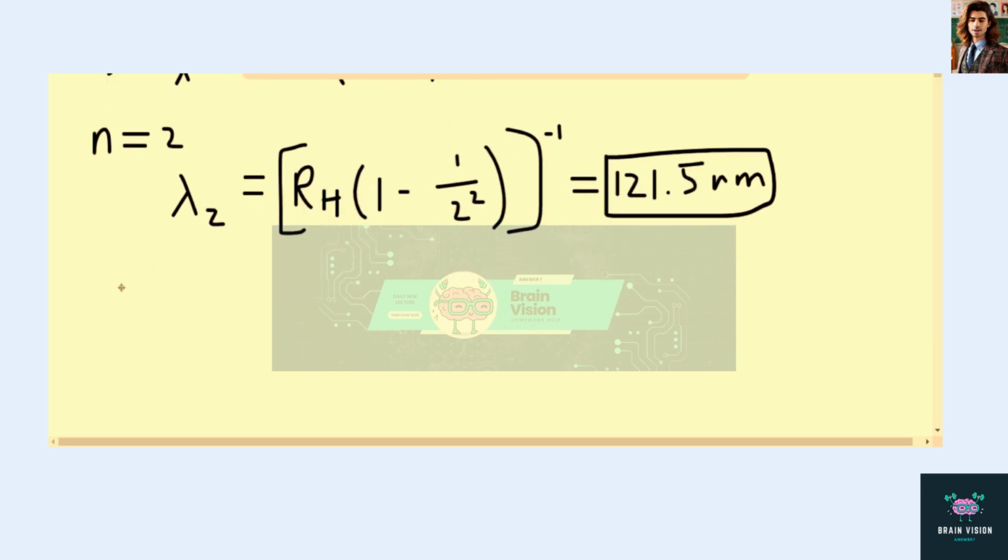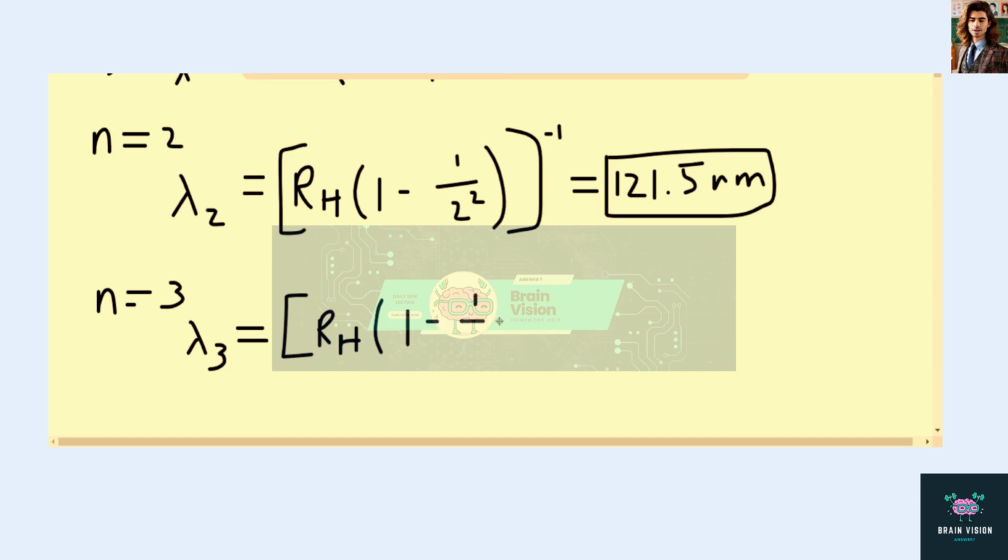We want to find the first three lines, so the next one would be when n is equal to 3. We could call this lambda 3. This is going to be equal to the Rydberg constant multiplied by 1 minus 1 over 3 squared, which is 9.